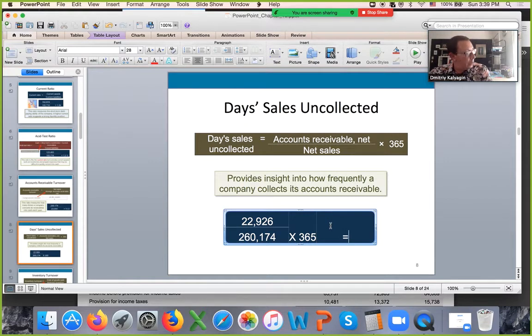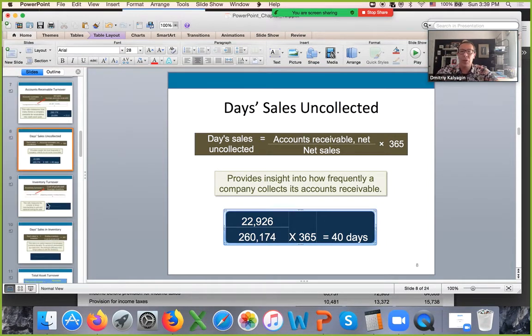So we're going to get the number of days it takes Apple to collect its receivables, and it's 40 days. So 40 days the sales remain uncollected, or every 40 days we collect our receivables. The lower usually the better. However, there's usually a range.